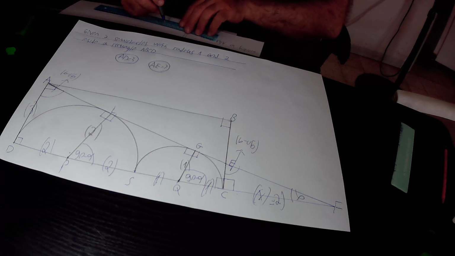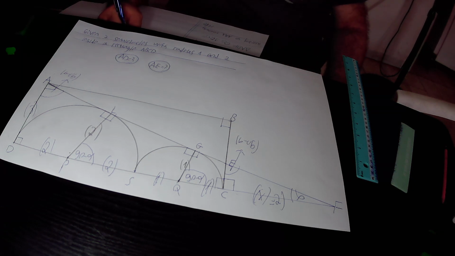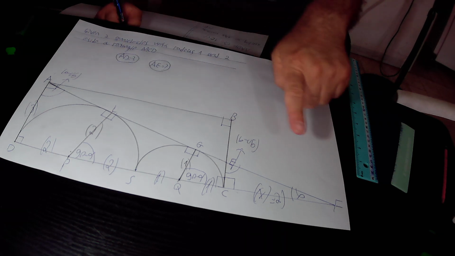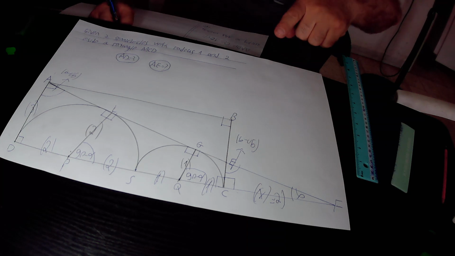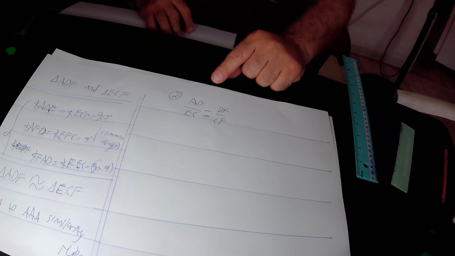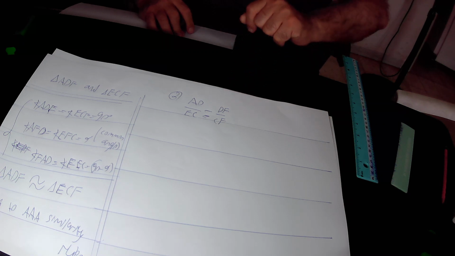Side AD in the big right triangle ADF over side EC in the small right triangle ECF equals side DF in the big triangle over side CF in the small triangle.